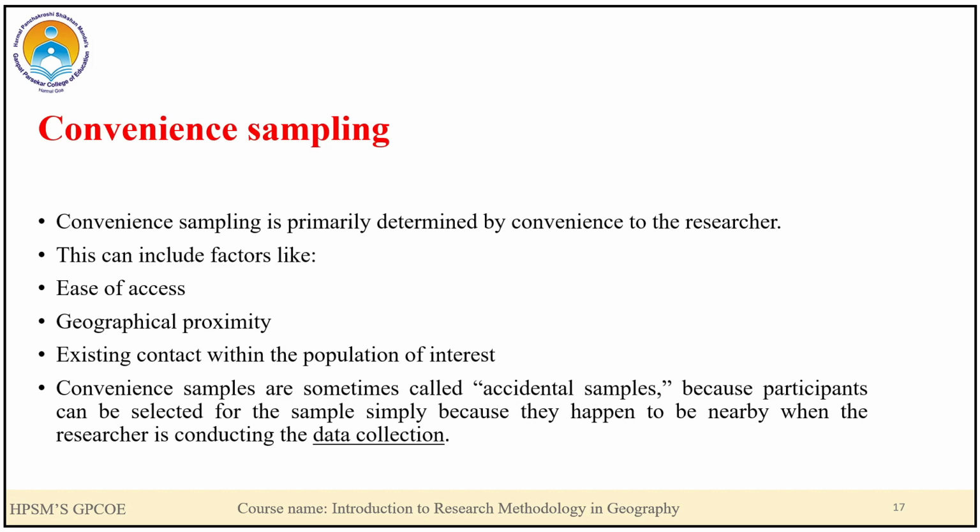Convenience samples are sometimes called accidental samples because the participants can be selected for the sample simply because they happen to be nearby when the researcher is conducting the data collection. Here it becomes much easier for the researcher to get this type of sample based on the availability of the population.